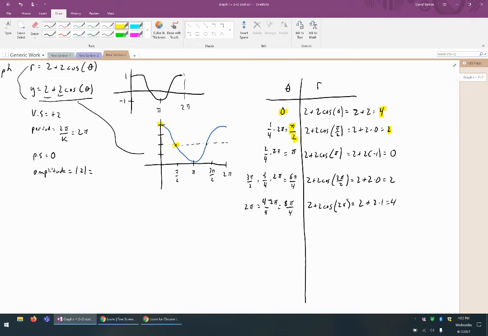And again, these keep corresponding to points on our graph here.